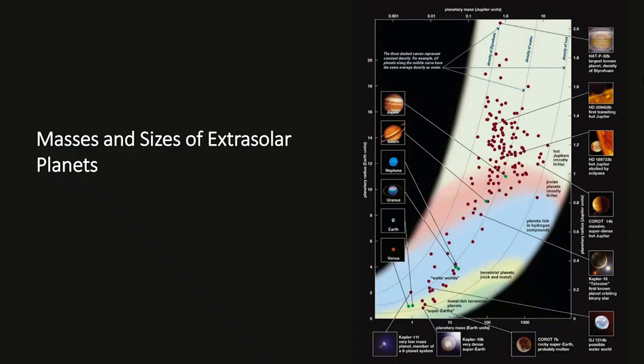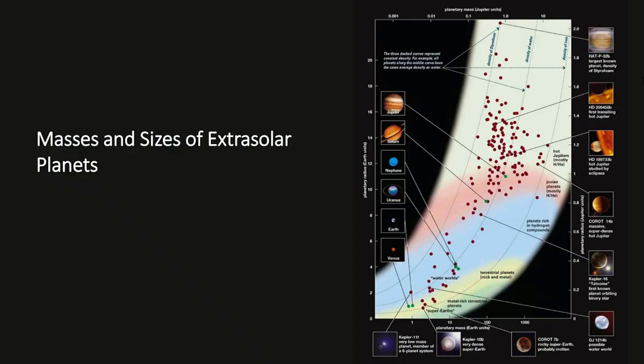But you have really weird planets like super-Earths. These are planets that are terrestrial but have a larger radius than the Earth. For example, this one has the same density as iron. So maybe that's just a solid ball of iron that's orbiting a star. And then you also have really weird planets.